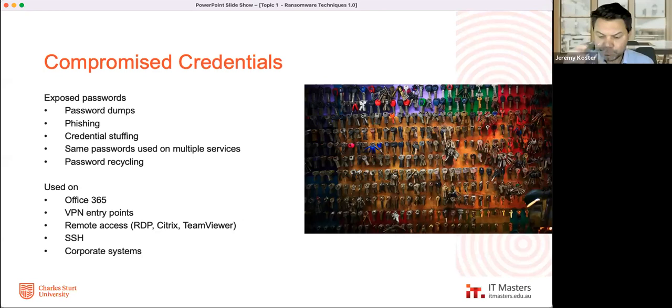Similarly to remote access with RDP, the visual remote access, we also have SSH, which is quite regularly open to the internet, but we put a username and password on it. Again, using those compromised credentials there, you get a command line into a system, and then that is the pivot point to get somewhere else.